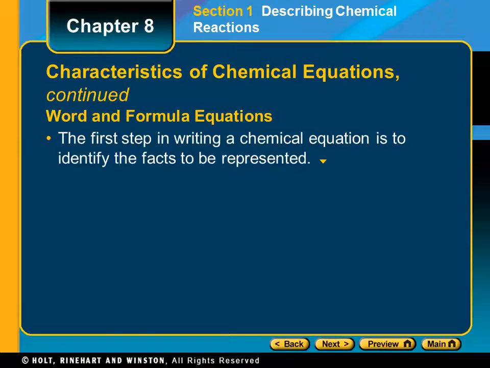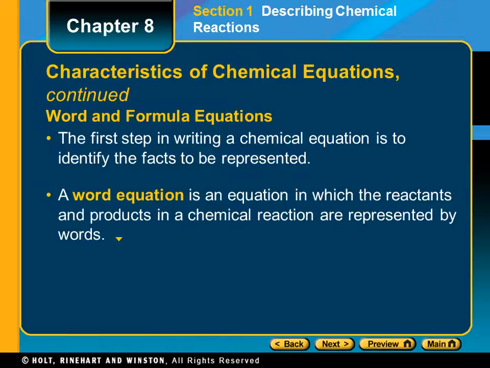All right, let's look at word and formula equations. The first step in writing a chemical equation is to identify the facts to be represented. So what happened in the reaction, that's what you're identifying in the equation.